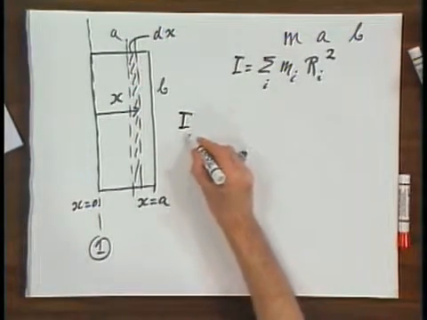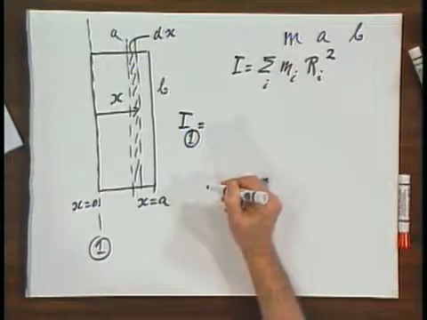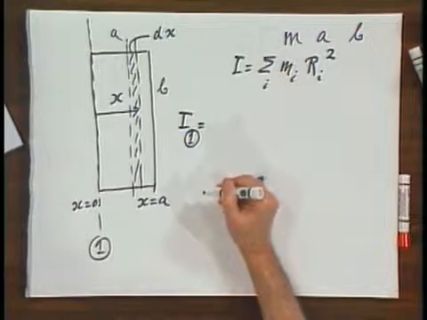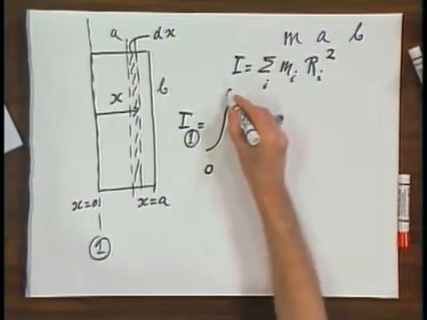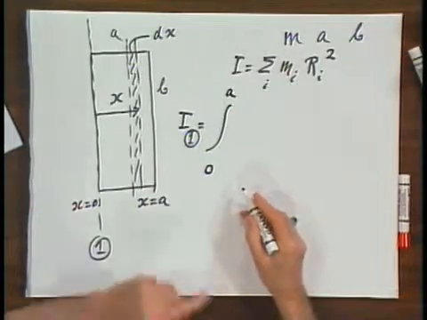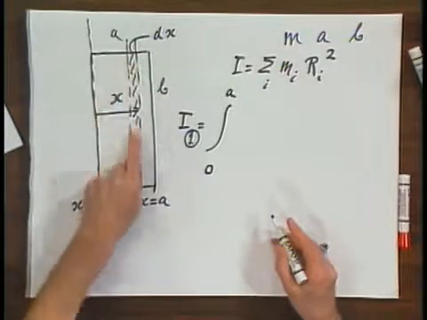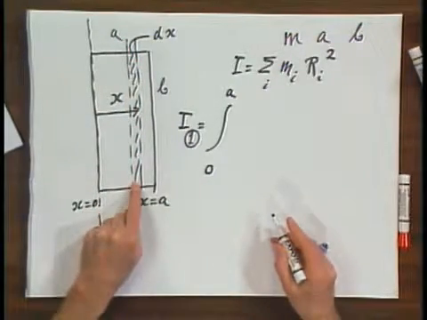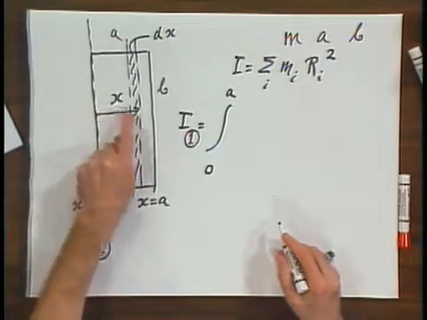So I, about this axis of rotation, is going to be an integral from x equals 0 to a of this mass element times x squared, because that's the distance to this mass element.